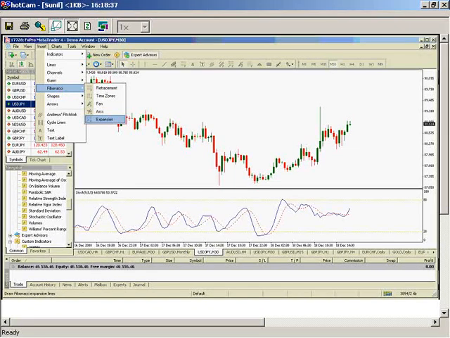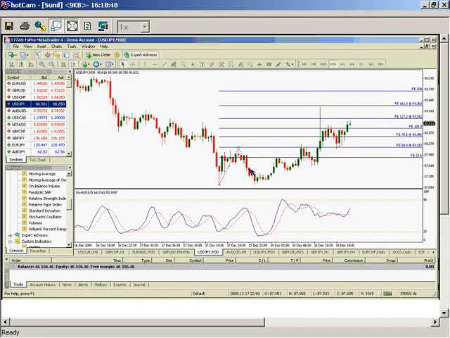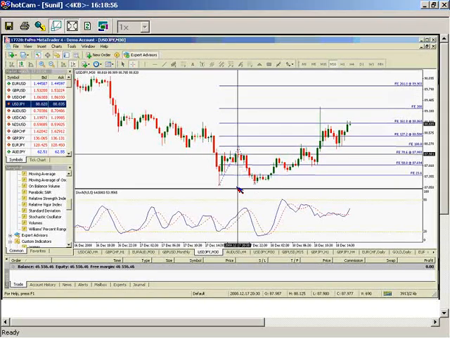Now, I have kept it as a shortcut on the toolbox since I use it more often, but you get this expansion over there. Okay, so let's use this expansion on 1, 2, and the third point. By default, it is usually set at 50% retracement. You drag it down to this one. All right. So 78.6. Okay.